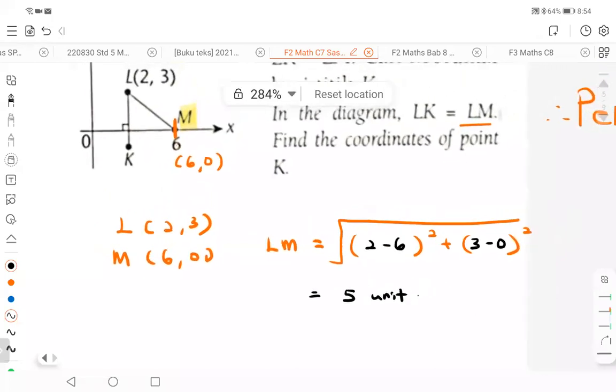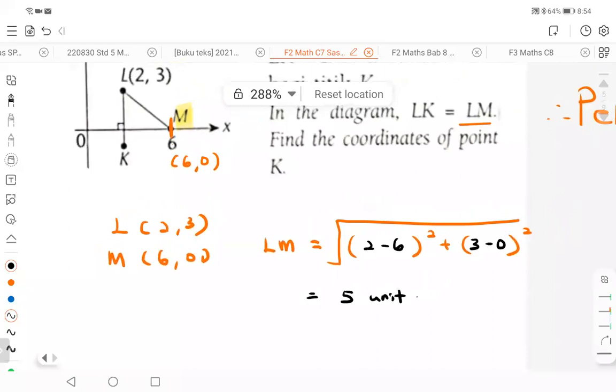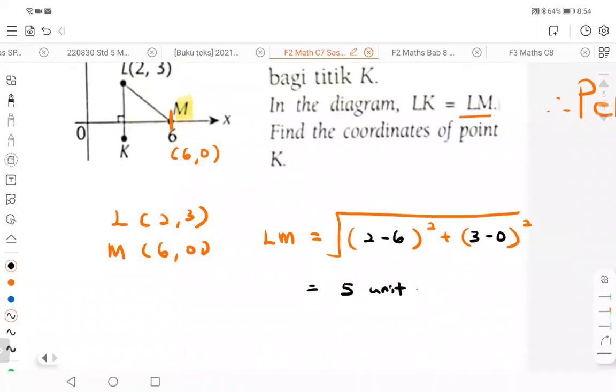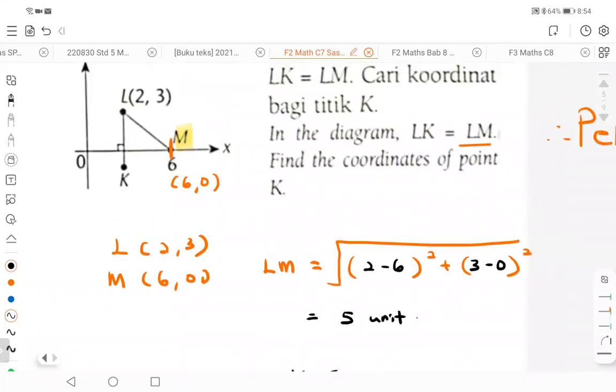Almost complete already. One last step, find out the coordinate of point K. 5 units, that means L to K also 5 units.